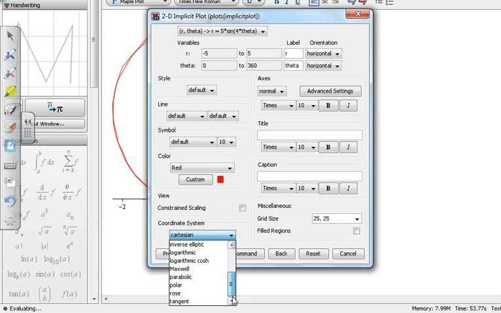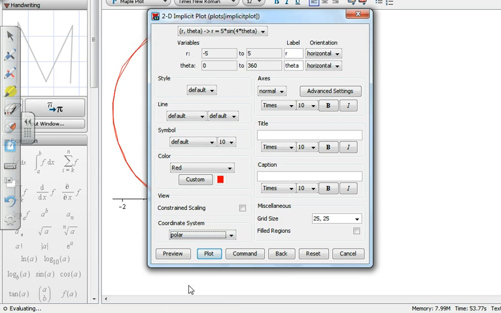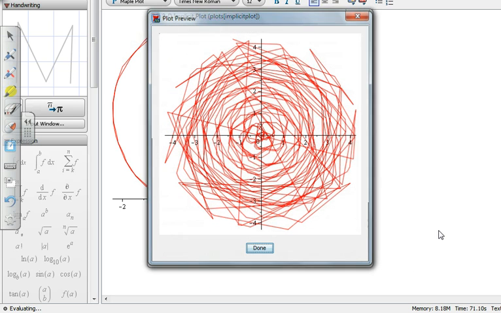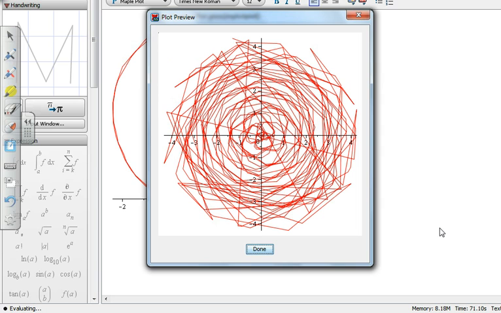Cartesian, polar, preview. Looks like a rose. Yeah, it does look like a rose.